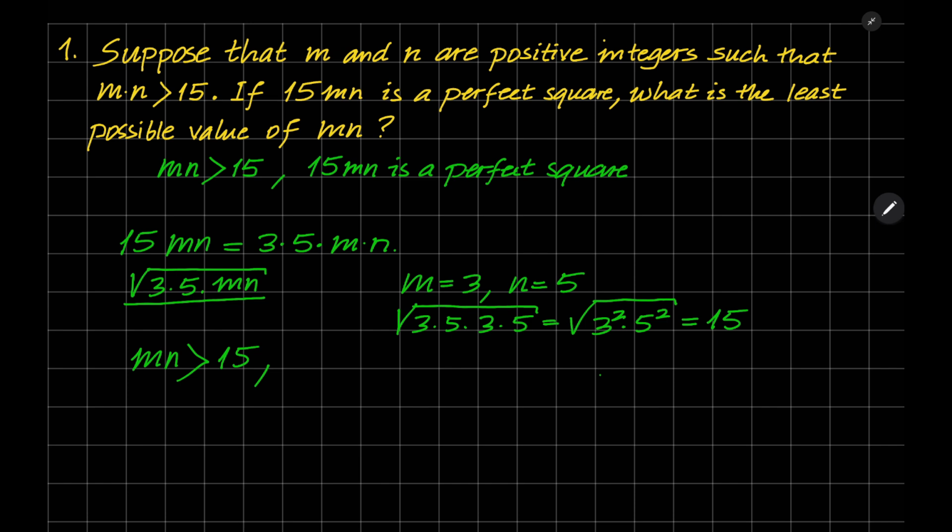Now, if m is equal to 3 times 2 and n is equal to 5 times 2, then 15mn will be equal to 3 times 5 times 3 times 2 times 5 times 2.